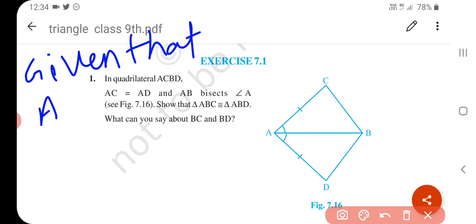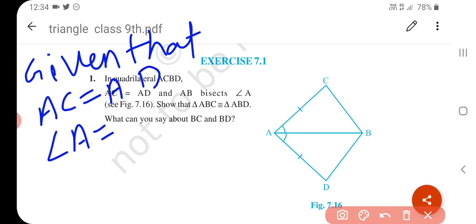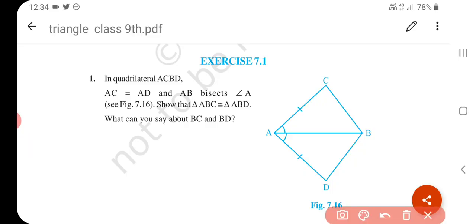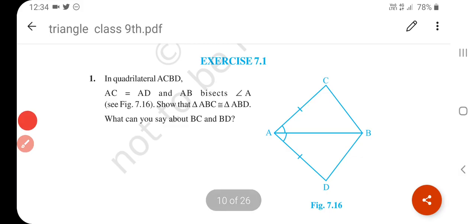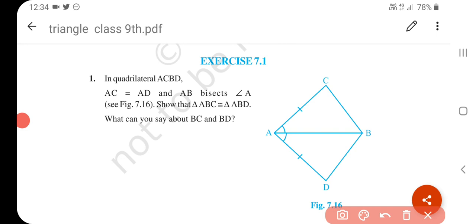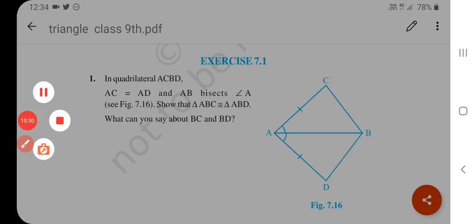It's given AC is equal to AD, and what else is given?